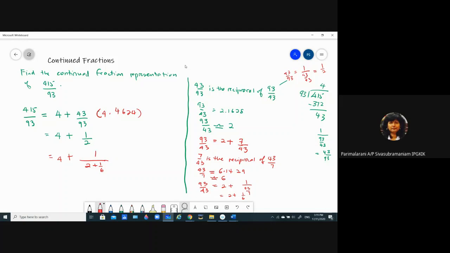So 43 over 93 is 1 over the whole thing. That means 43 over 93 is 1 over 2 plus 1 over 6. Okay, last step.